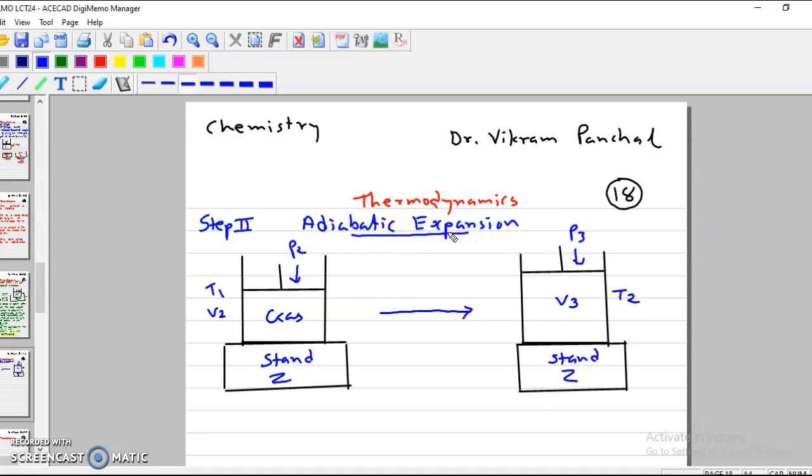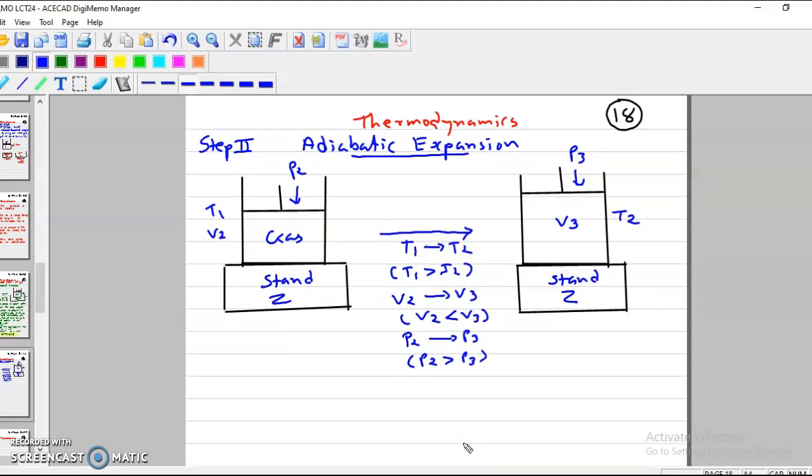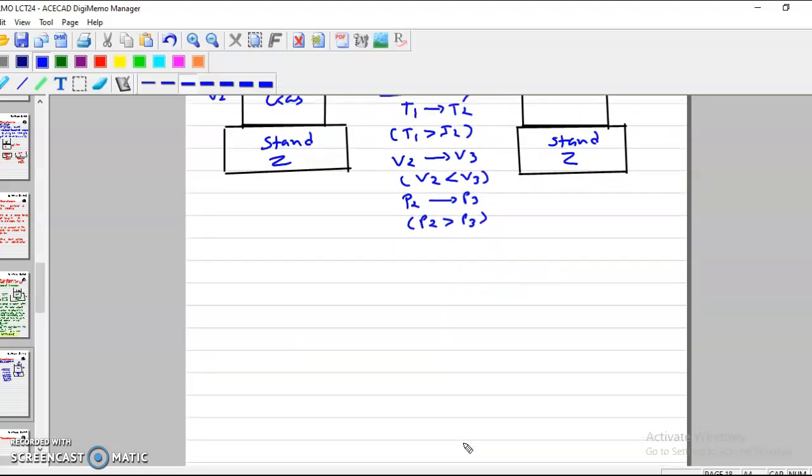Temperature changes from T1 to T2, and here T1 is greater than T2. Volume changes from V2 to V3, and here V2 is less than V3, and pressure changes from P2 to P3. So obviously P2 will be greater than P3. That means pressure decreases. So this is the condition during this adiabatic expansion.